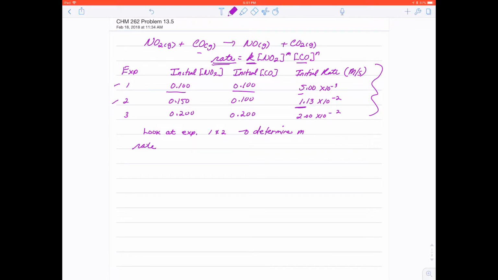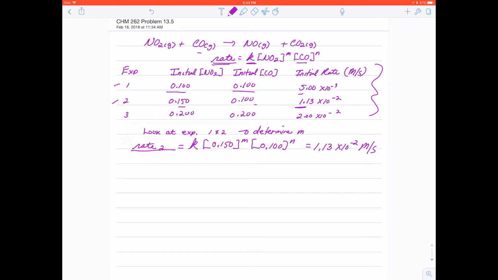So let's go ahead and write out the rate for experiment 2. It is going to be equal to k, and we're going to multiply that by 0.15 to the m power, multiplied by 0.1 to the n power, and that's equal to 1.13 times 10 to the negative 2 molar per second.